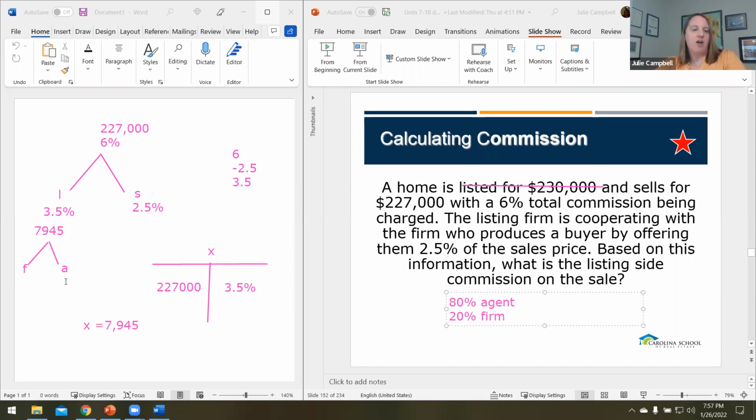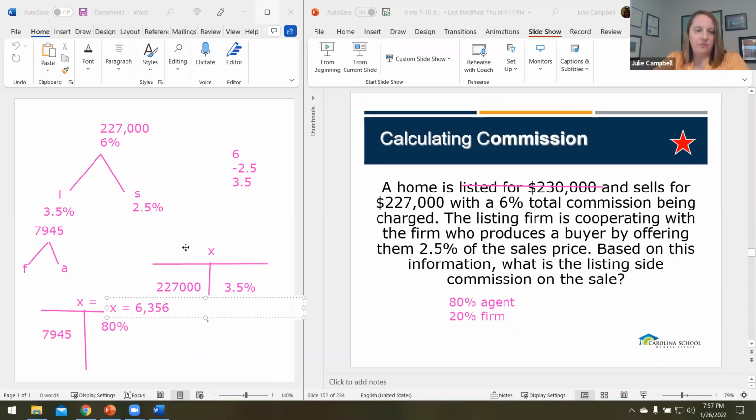So if the problem went on and wanted to know how much the agent was going to get, then we would use another T-bar. Now I'm using my list side, using the agent split of 80%, to figure out the agent's commission of the 7,945. The agent's getting paid $6,356.